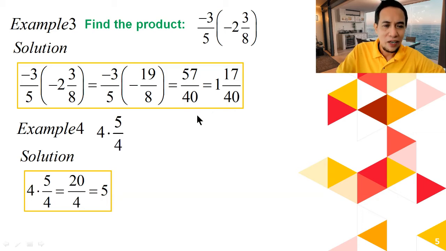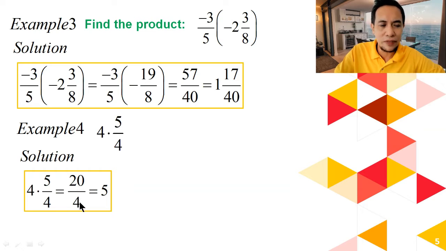All right, so let's go to example number 4. 4 times 5 over 4. We are multiplying a whole number, or an integer, and a fraction. So what should be the rule? 4 times 5 over 4 is equal to, you multiply the whole number and the numerator, which is 20, over the denominator.